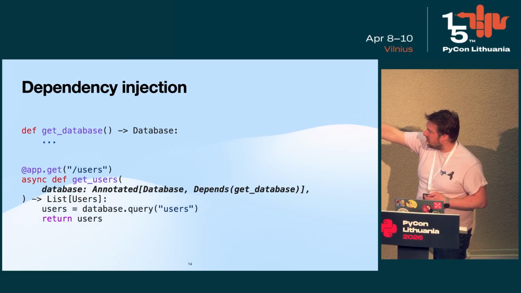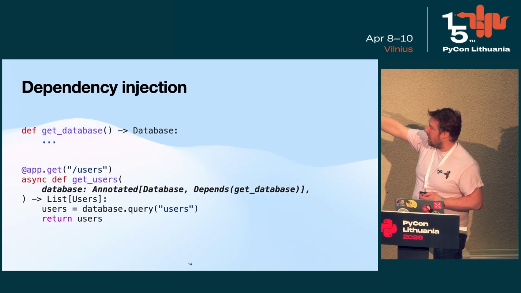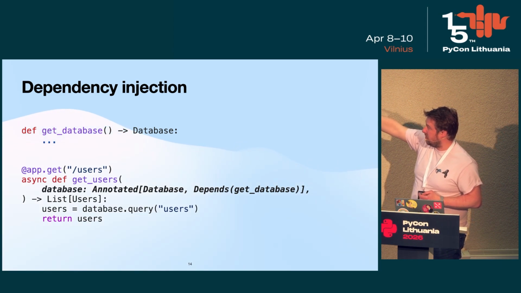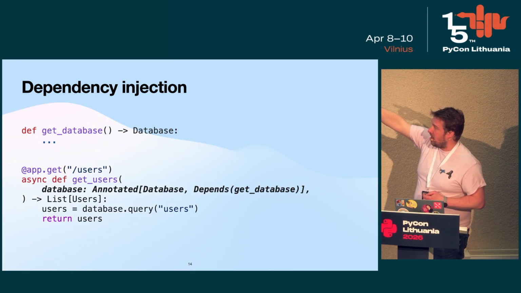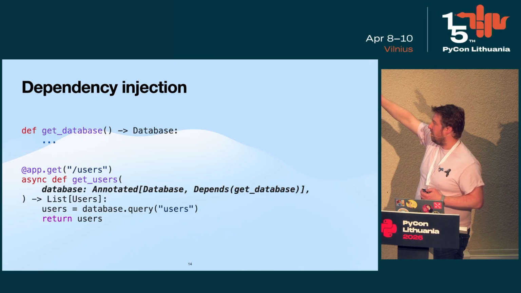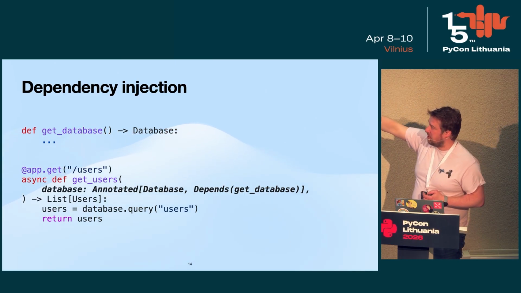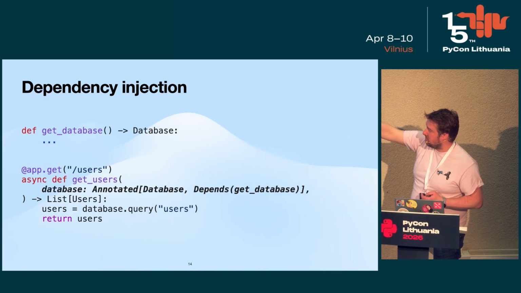So again, we see this annotated type, and we've got a database class that we need to get, and then we're using this depends function from FastAPI, and we tell it that we need to use the getDatabase function, and that sets us up our database connection. It returns this database class. We don't need to worry too much about how that happens, but by the time you get into your handler function, you've got access to this database variable, and you can query your users and return them.